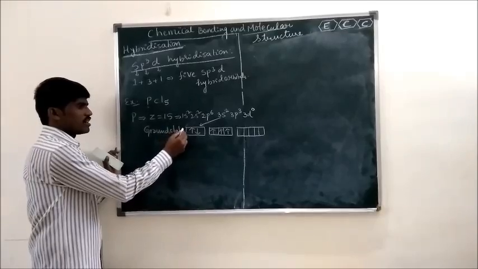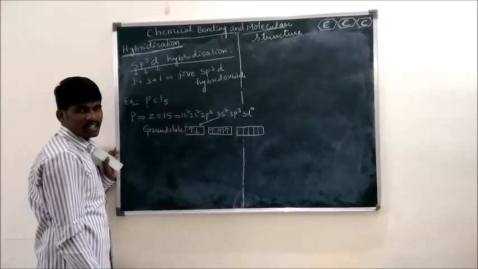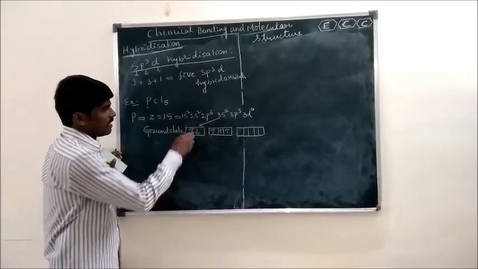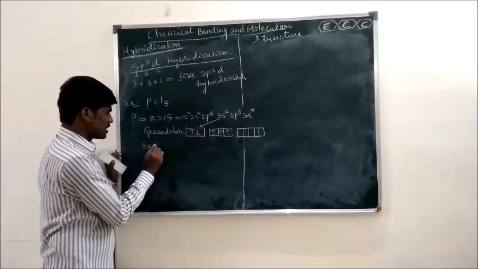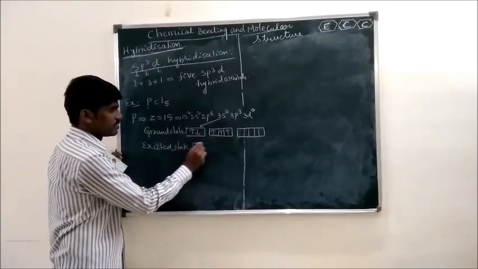In ground state of phosphorus, it consists of 3 unpaired electrons. What does it mean? It can form only 3 bonds. In excited state, 1 electron is promoted to 3d.